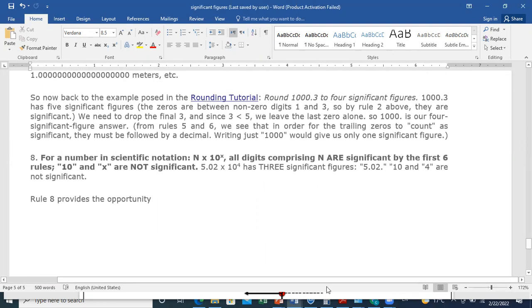Okay. For a number in scientific notation, all digits comprising n are significant by the first 6 rules. However, 10 and its power are not significant. يعني إذا بكتب 5.02 times 10 to the power 4, okay, and I want to know what is the number of significant figures in this case, I don't count the times 10 to the power 4 ما بحسبها بالnumber of significant figures.